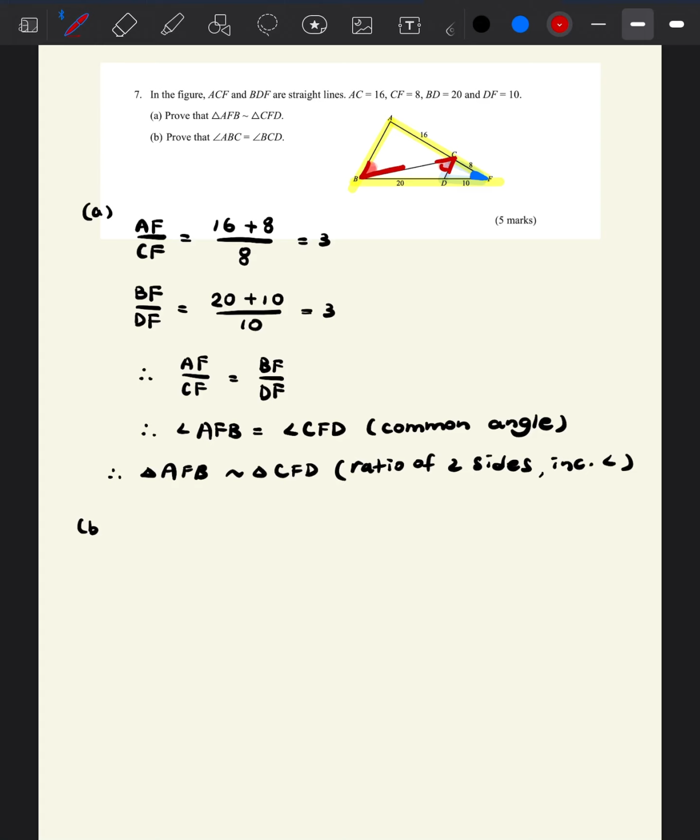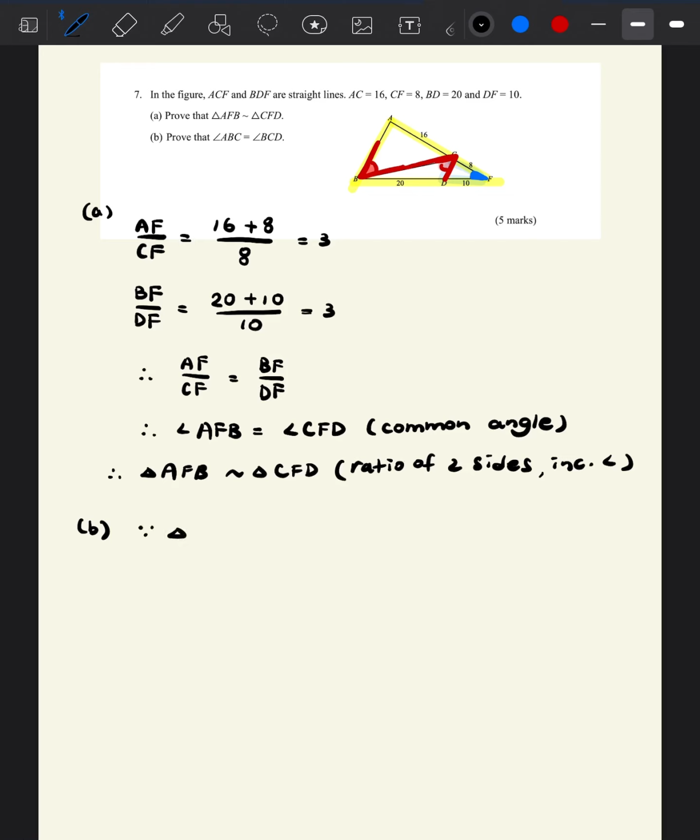When you look at it, what can you see? How do I prove they're equal? Maybe if we can prove that AB is parallel to CD, then we can say that those angles are equal. But the thing is, how do we prove that AB is parallel to CD?